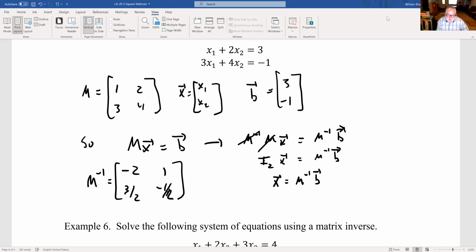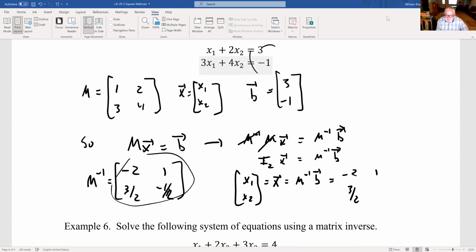So if I want my vector x1, x2, which is my solution to my equations, all I have to do is take my inverse matrix and multiply it by the right-hand side. So -2, 3 halves, 1, -1/2 times 3, -1.